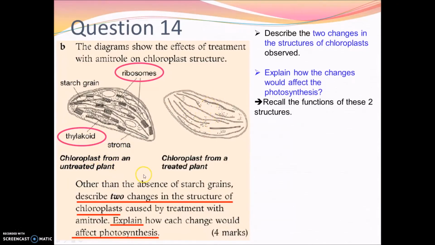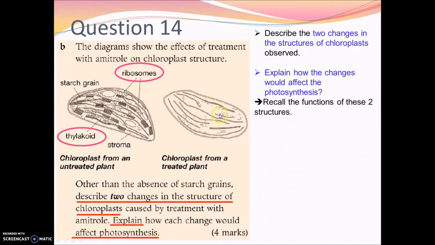For the first part of the question, to describe two changes in the structure of the chloroplast, it will be very easy because you can simply observe this. For the thylakoid, the ribosome, and the starch granule, you can see that all of them are gone, or the amount is greatly decreased.